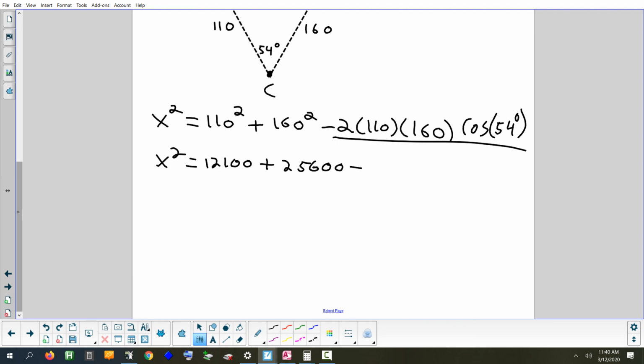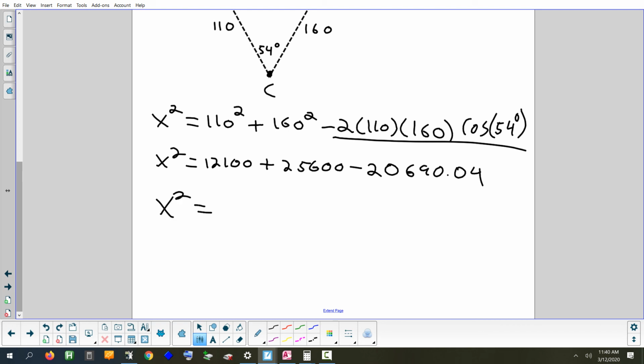The whole thing, 2 times 110 times 160 cosine 54, comes to 20,690.04.